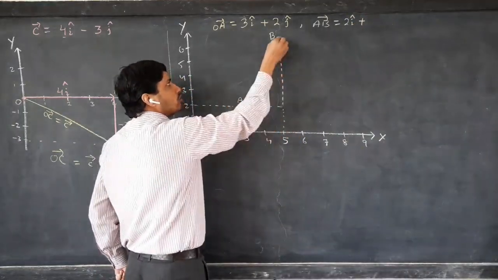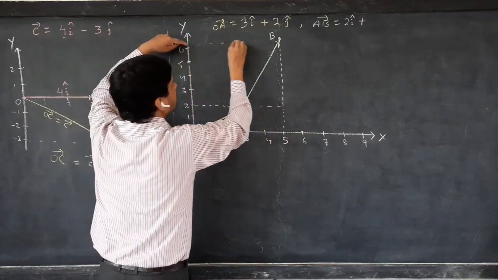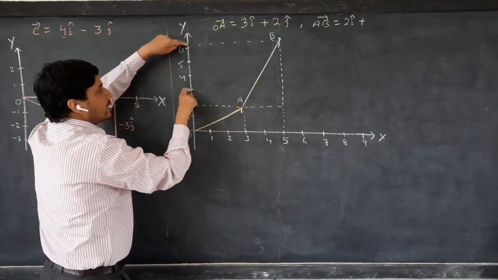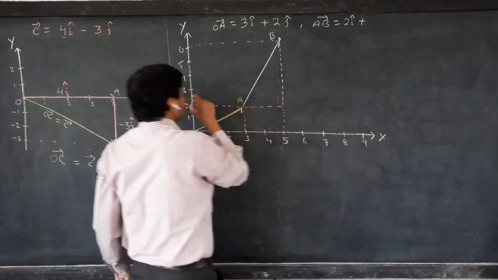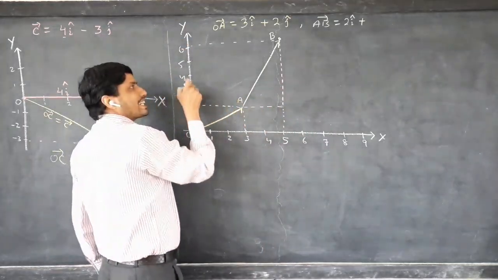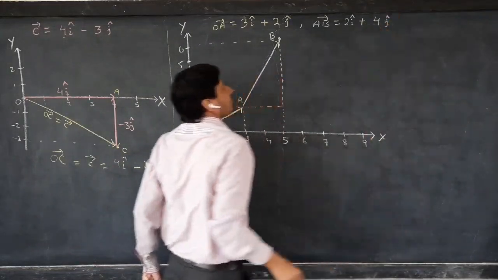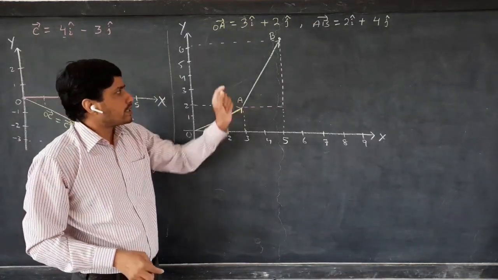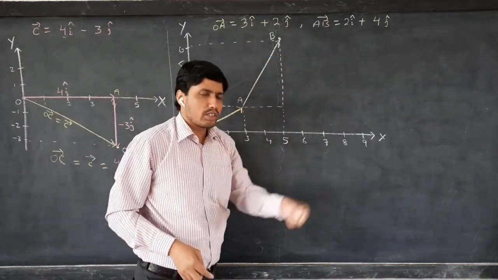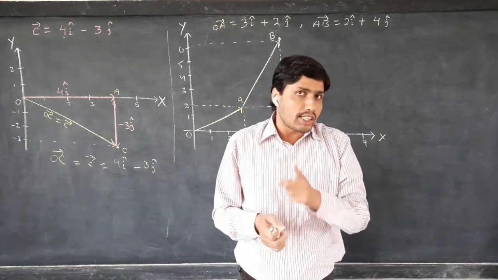And from here you are moving this much, so 4 j cap. So the OA vector is 3 i cap plus 2 j cap, the AB vector is 2 i cap plus 4 j cap. Now my question is, what is the resultant effect starting from O?